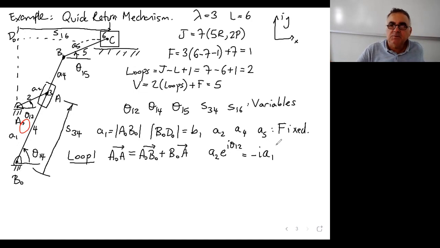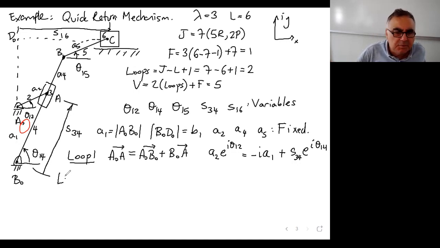We are writing our equation in the complex plane. Plus, we go down now, and we go up B0A. B0A's magnitude is S3, 4, and its angle is theta 1, 4. e to the i theta 1, 4. So that's one loop equation.